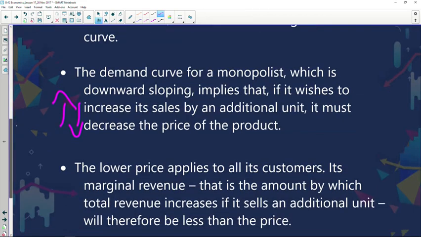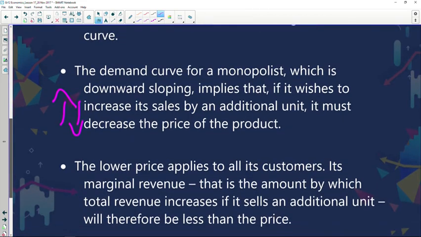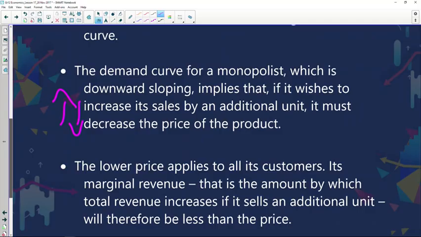So there is that relationship between the quantity and the price. You want to sell more products, you want to increase the quantity, and therefore you have to consider decreasing the price. So the lower price applies to all its customers. Its marginal revenue, that is the amount by which total revenue increases if it sells an additional unit, will therefore be less than the price.